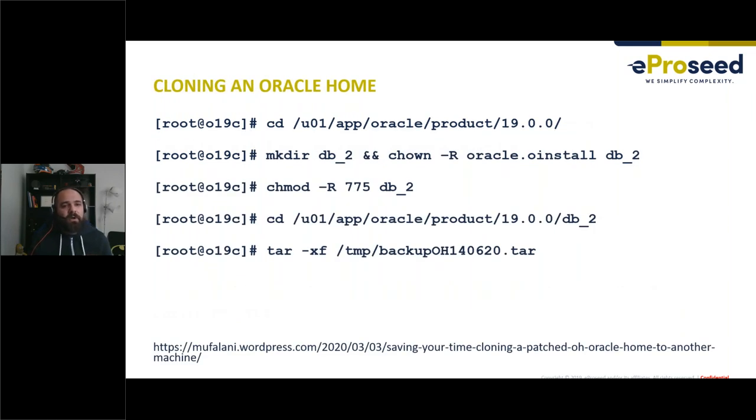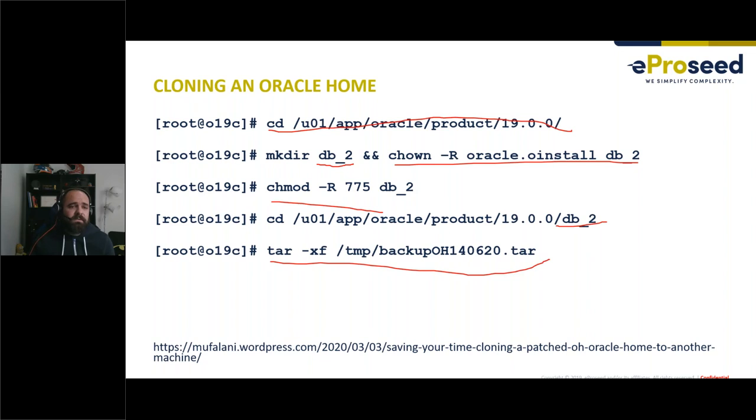So if we need to do a clone, we can go to the Oracle Home directory and create, for example, a new directory, give ownership, give permissions, then enter the directory, and then just untar the file, just extract the backup I did before.